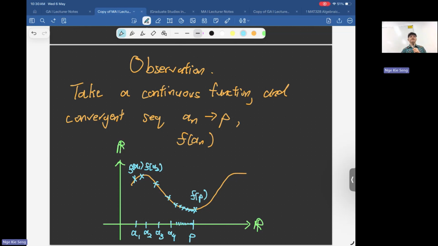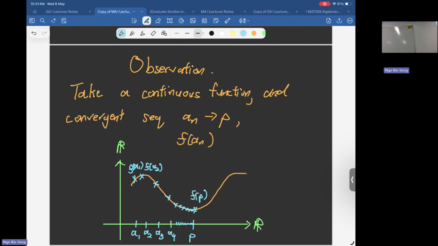So what did you see? When A1, A2 get very close to point P, then the F(A1), F(A2) also get very close to something. Okay, later I'll comment on that.